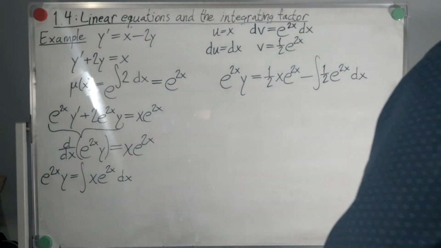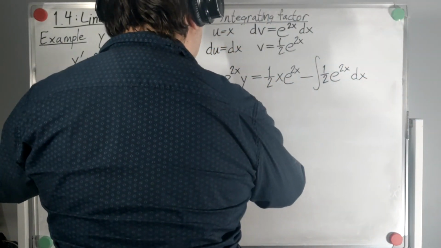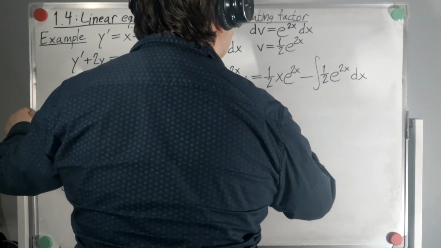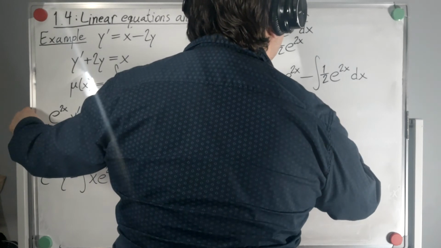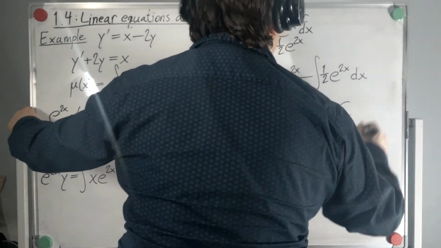And then you do this antiderivative and you get e to the 2x y equals 1/2 x e to the 2x minus 1/4 e to the 2x plus c.